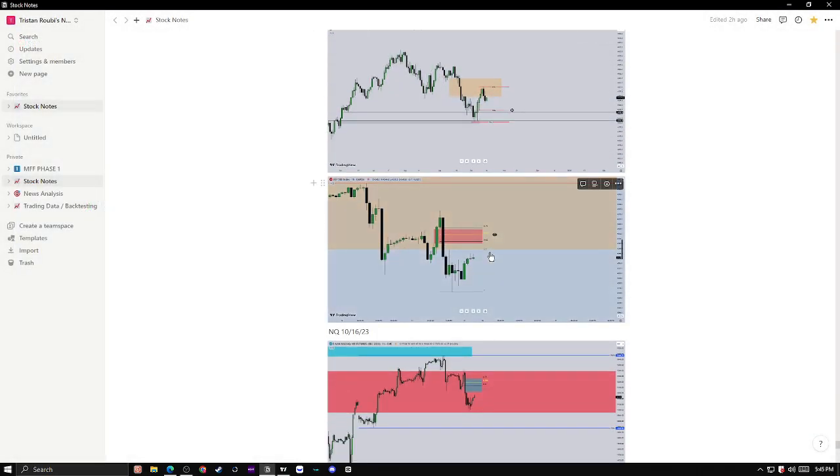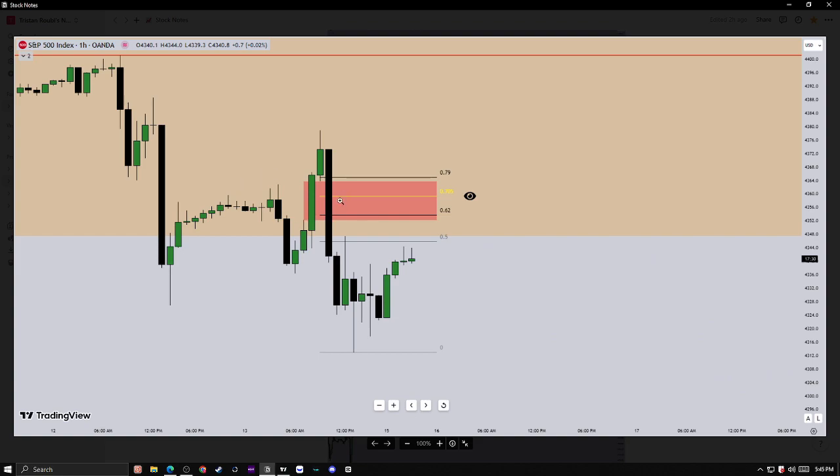Did we get that? No. SPX, this was the 1 hour potential move. What ended up happening, as you will quickly notice, is that this is obviously a balanced price range, and this was our first target, the OTE level of the swing high to the swing low.